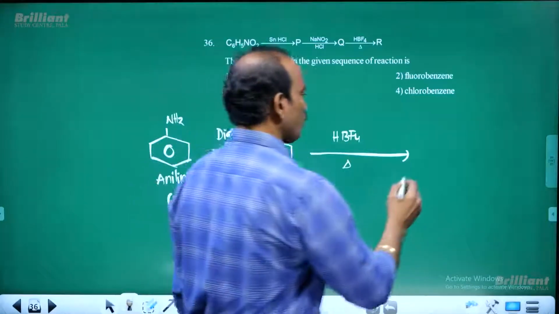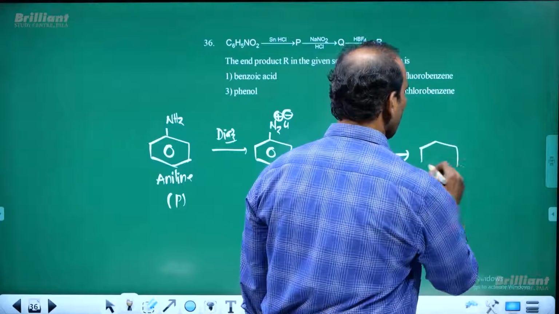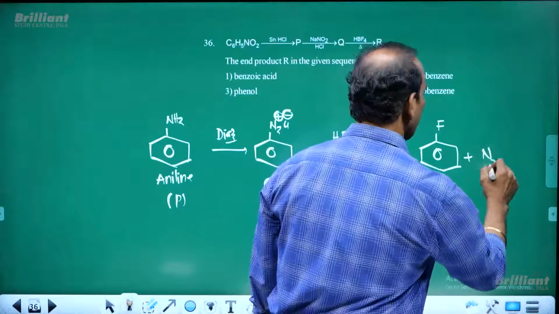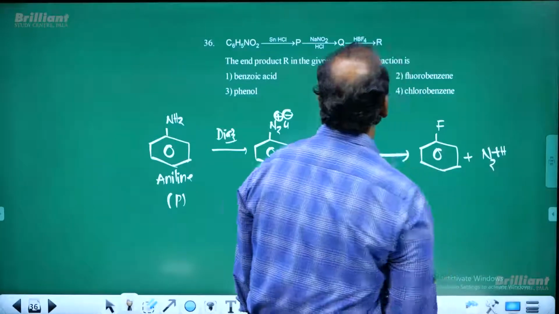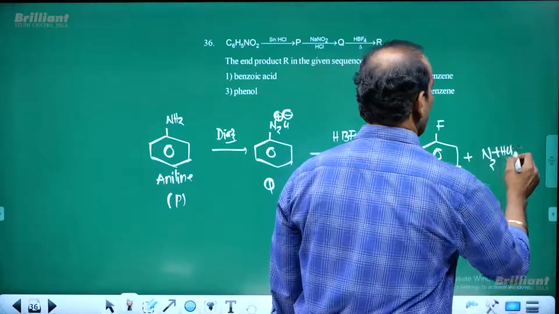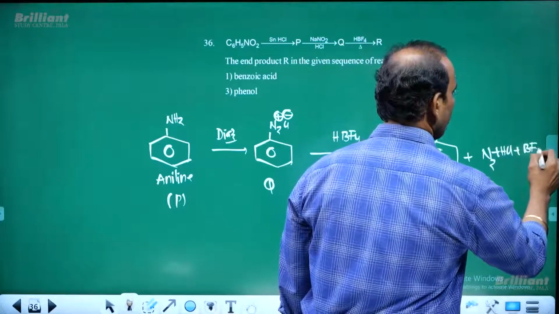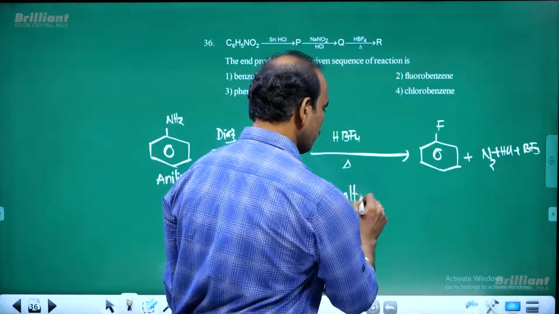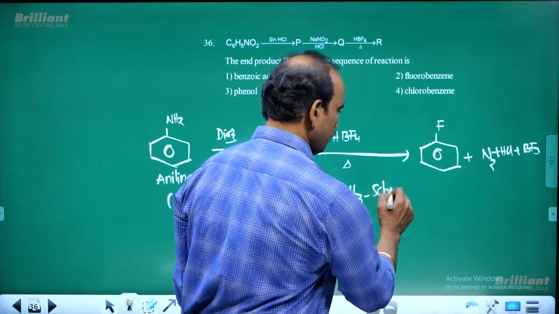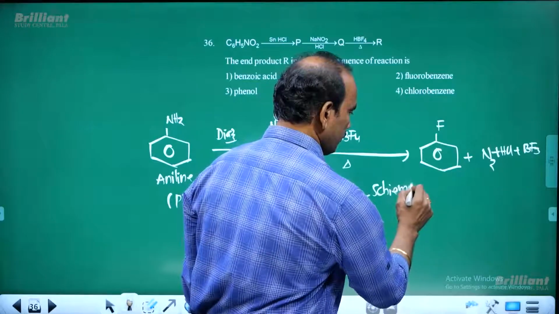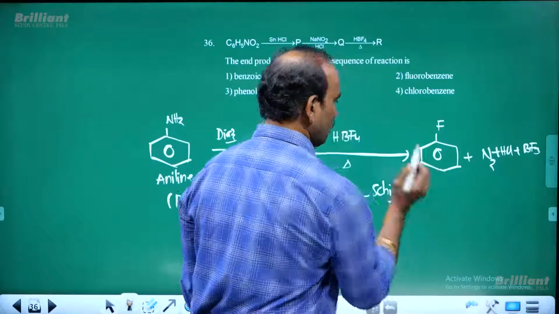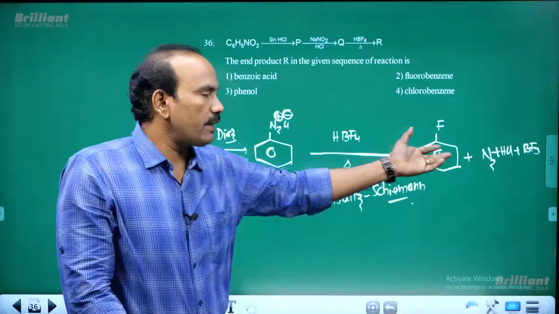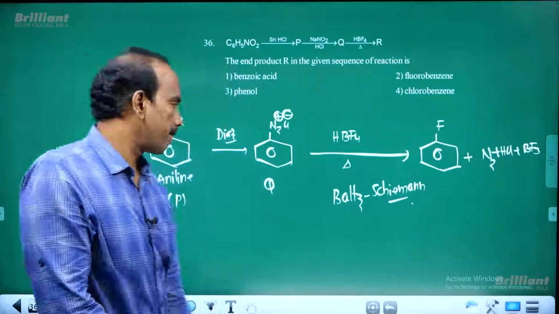And then we get fluorobenzene: C6H5F plus N2 plus HCl plus BF3. This is called the Balz-Schiemann reaction. Okay? Conversion of benzene diazonium chloride to fluorobenzene.